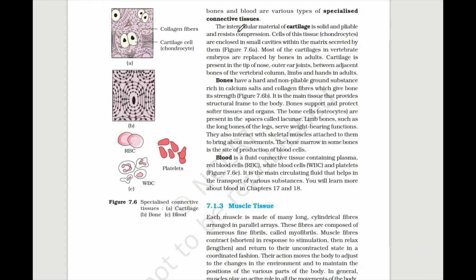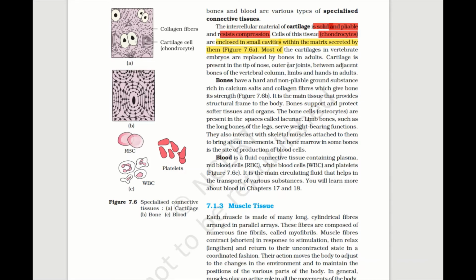The intercellular material of cartilage is solid, pliable, and resists compression. The cells of the cartilage are called chondrocytes. These chondrocytes are enclosed in small cavities within the basal material, which is the matrix.